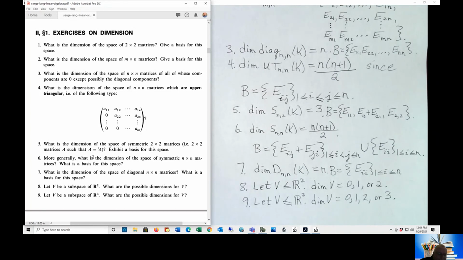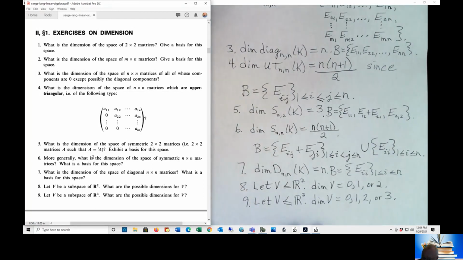And number 9, if V is a subspace of R3, then it can have dimension 0, 1, 2, or 3. So it could be trivial, it could be a line, it could be a plane, or it could be all of R3. All right, so that would conclude that particular section.